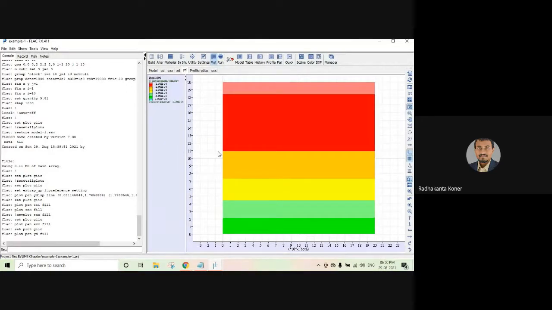Suppose, for our uniaxial compressive strength, when we go to that module, I will show you in detail the role played by gravity. Now, suppose I want to analyze any structure, its influence due to its own gravity.